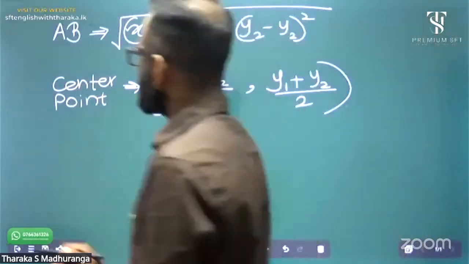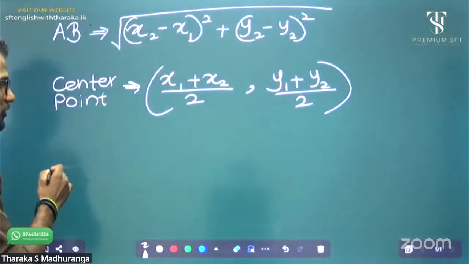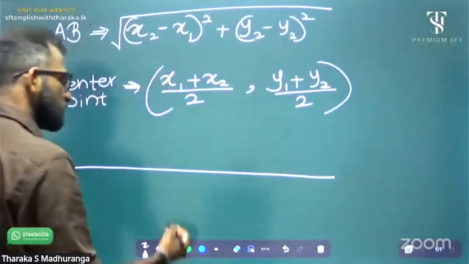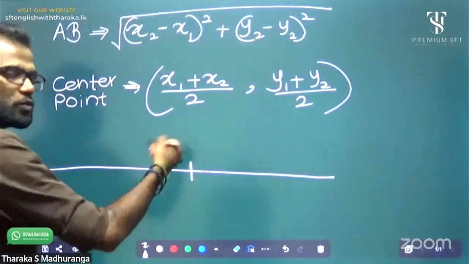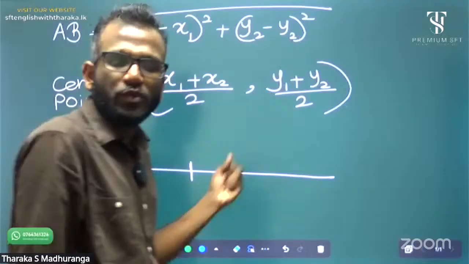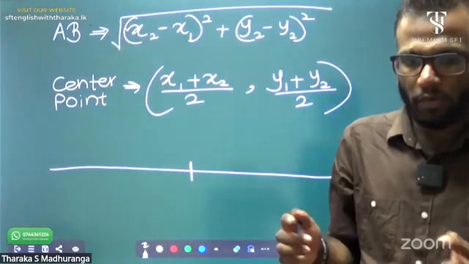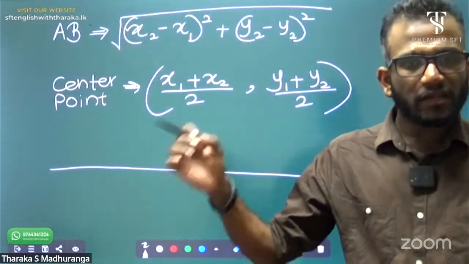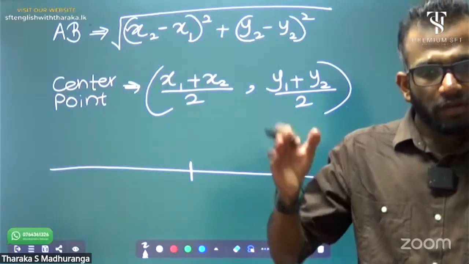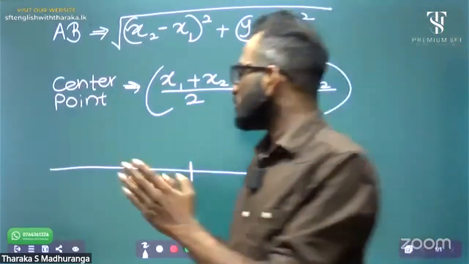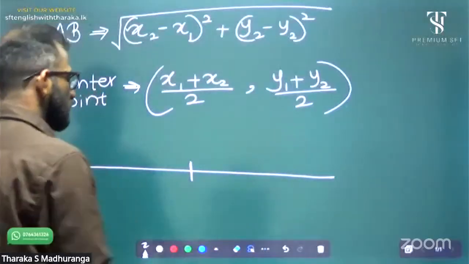Finally we discussed ratio points. Think of a straight line divided into two equal sections, the 2 to 2 point, which is the midpoint.